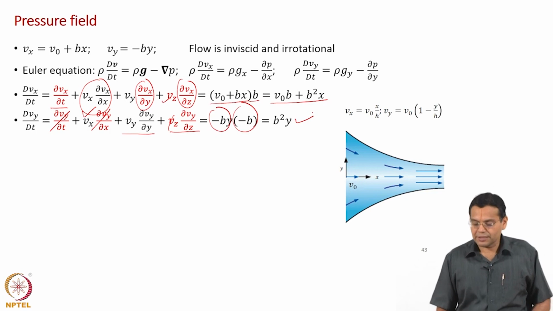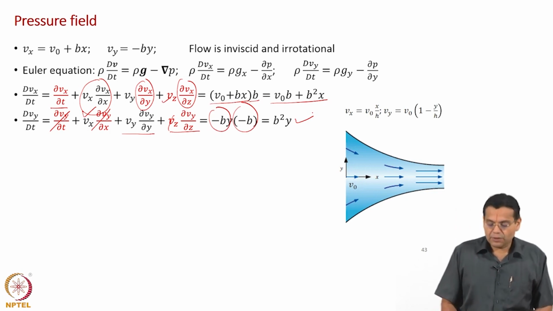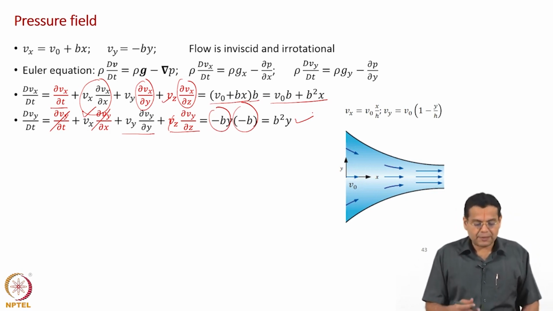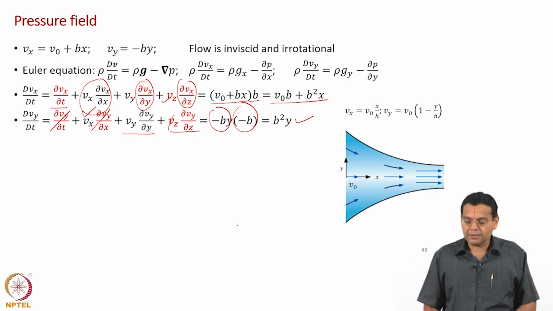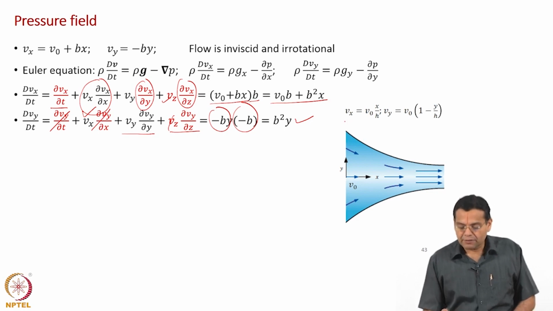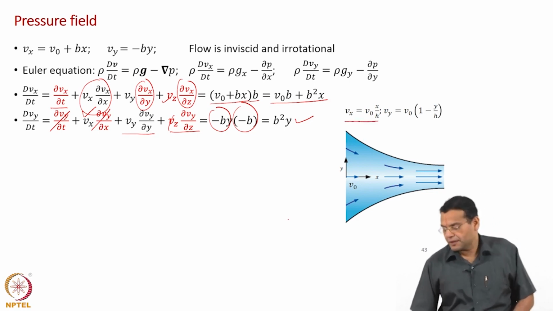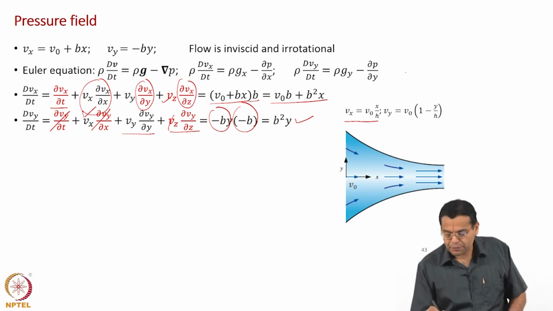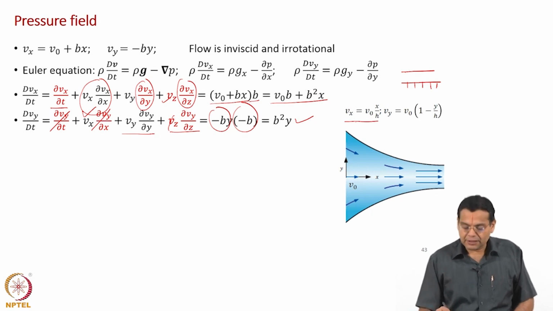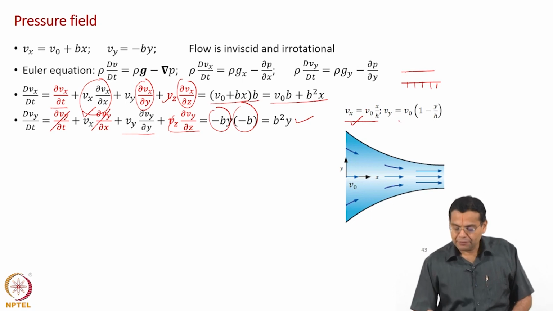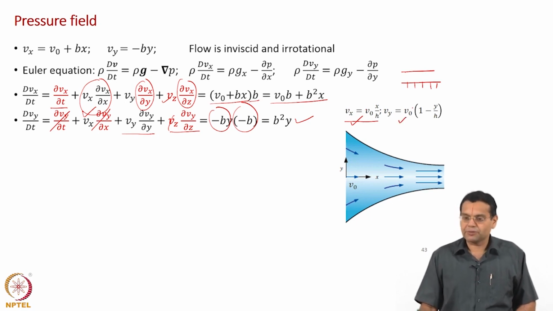Okay. Let us see why these steps are the same as what I had done earlier. In the example which we took for illustrating the Euler equation, it was flow between two plates, and we had a porous plate here, and there the velocity field was given by Vx equal to V naught x by h, and Vy was given by V naught into 1 minus y by h.